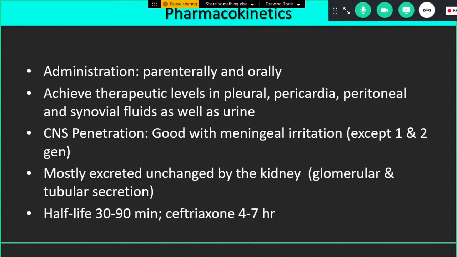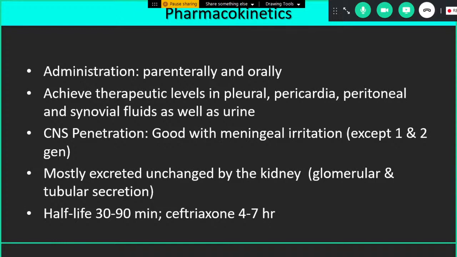One more important point is that these drugs do not have very good binding to the plasma proteins, and therefore their half-life is very short, like 30 to 90 minutes, and therefore ceftriaxone becomes very important.